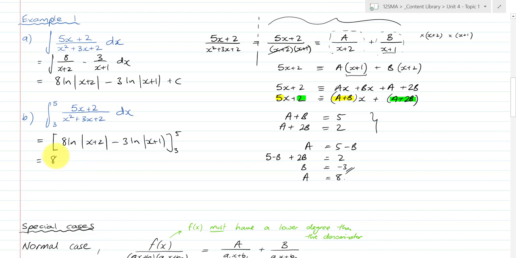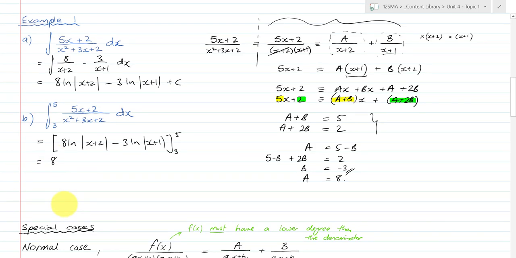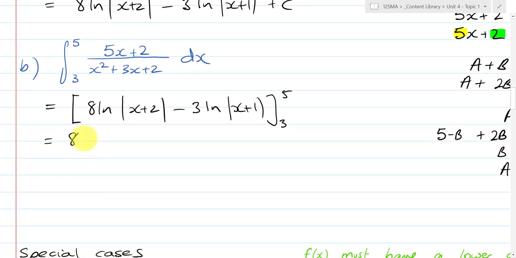So I get 8 log(5 plus 2), which is 7, minus 3 log(5 plus 1), which is 6, and then subtract from that 8 log(3 plus 2), which is 5, minus 3 log(3 plus 1), which is 4.